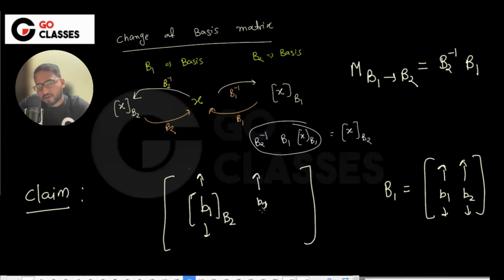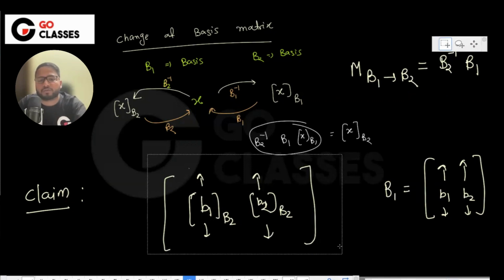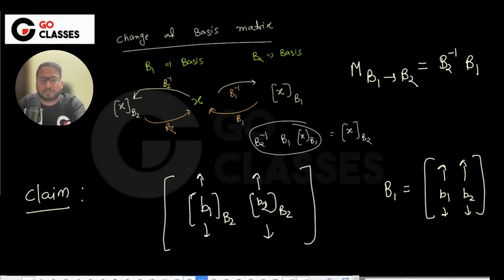Again, the basis vector b2 with respect to b2. Okay. So let's see if my claim is right, that these two are the same. Are these two the same? Which means this particular thing is the same as b2 inverse b1.